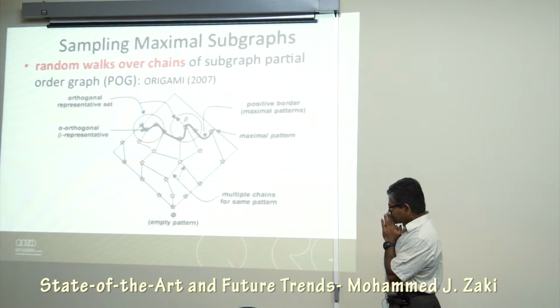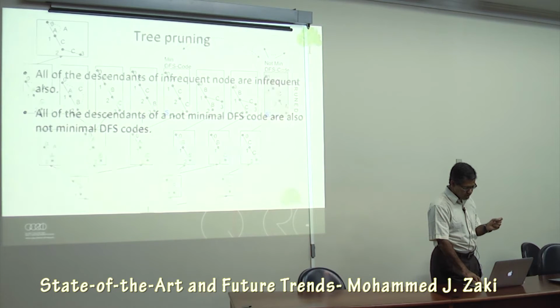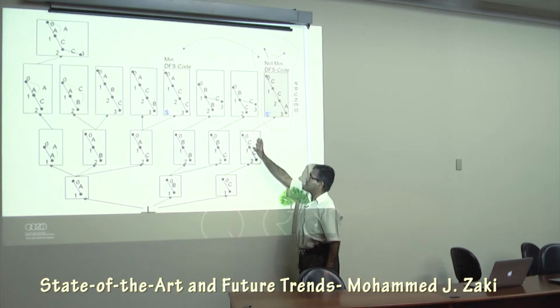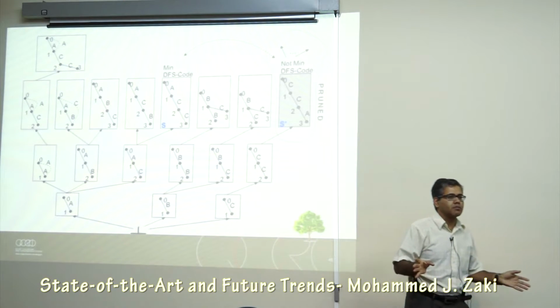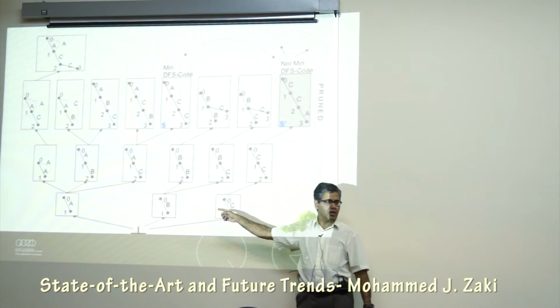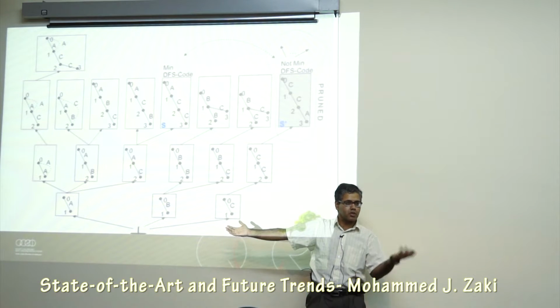So you see the graph search space that I talked about before. If I throw that away, anything that survives is a frequent pattern, right? So the idea is actually very simple. You want to sample in this space. Now you don't know the space, because till you mine you don't know what the space looks like.